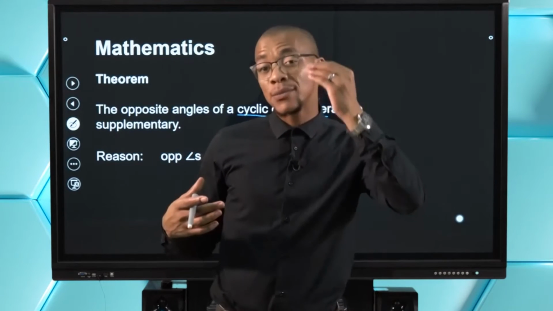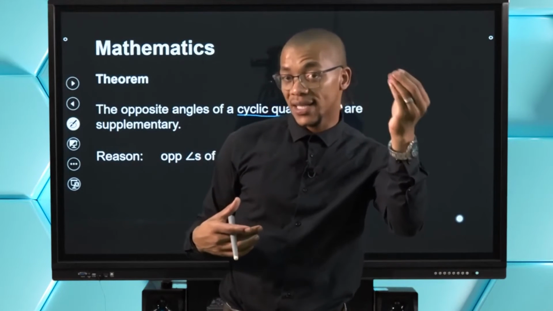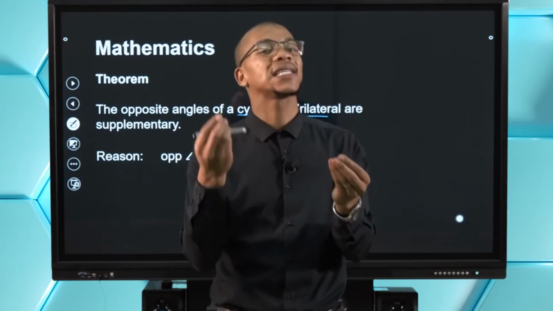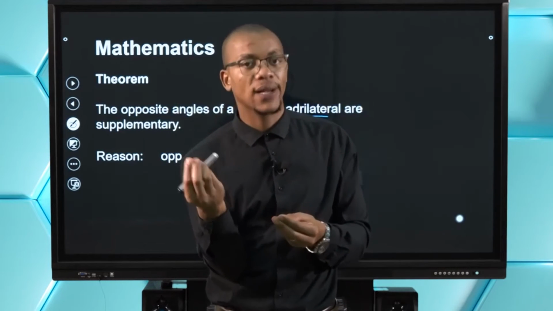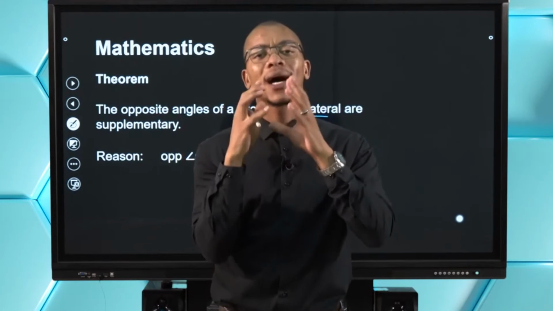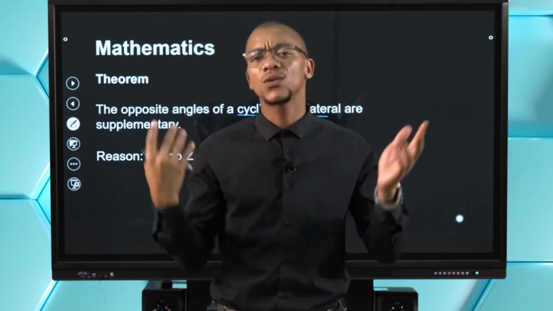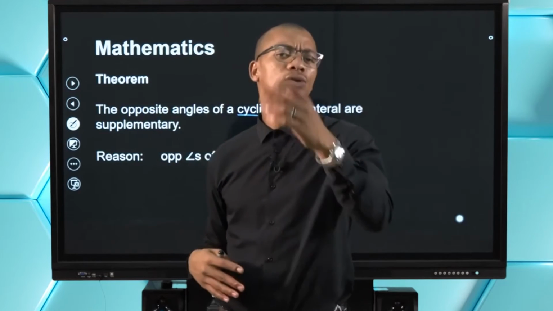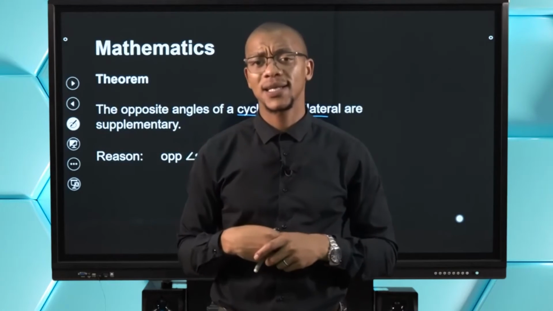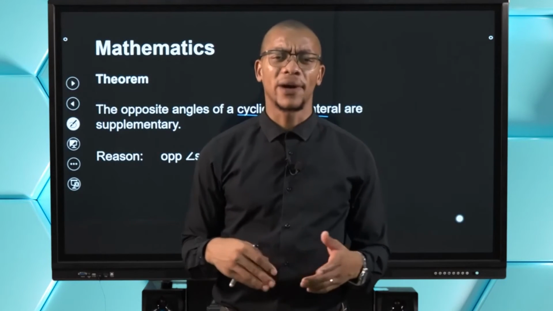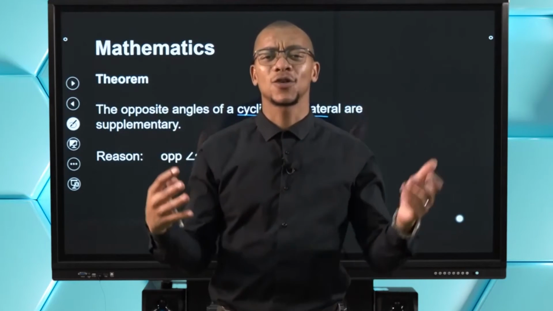No. What makes it a cyclic quadrilateral are the properties that hold for a cyclic quadrilateral, and this is one of them. So please think about this, right? If I gave you a quadrilateral ABCD, and there is no circle around it, and I say to you, prove that this is a cyclic quad, you will quickly say it's not a cyclic quad. Why? Because the 4 points are not concyclic.